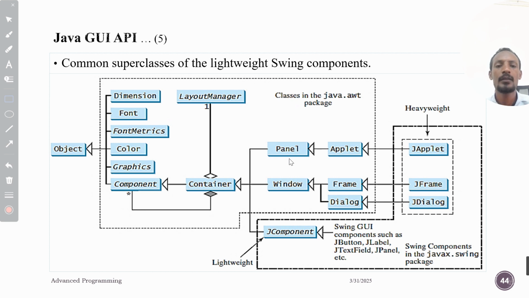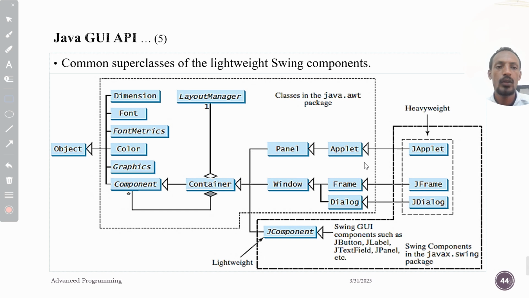The second part is the containers used in AWT: Panel, Applet, Window. The window parts are Frame and Dialog. These are the containers that exist in AWT.